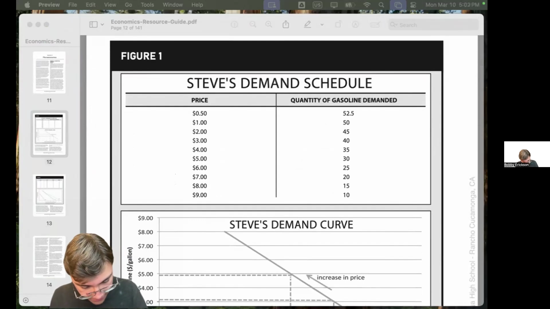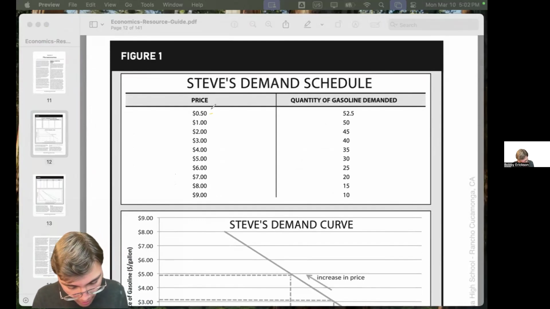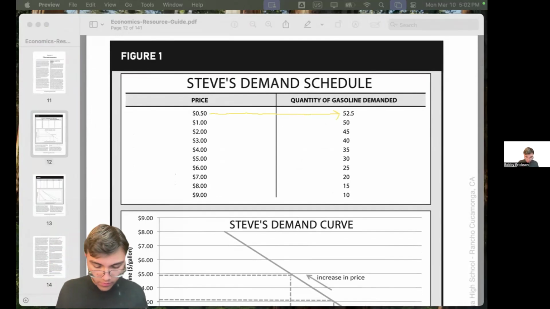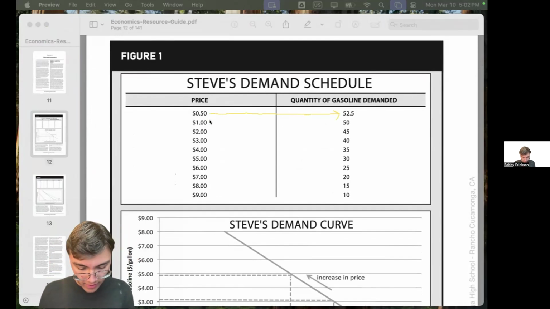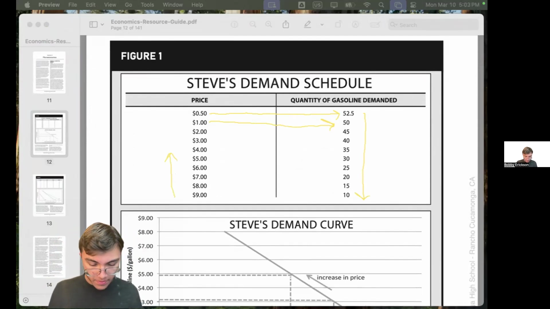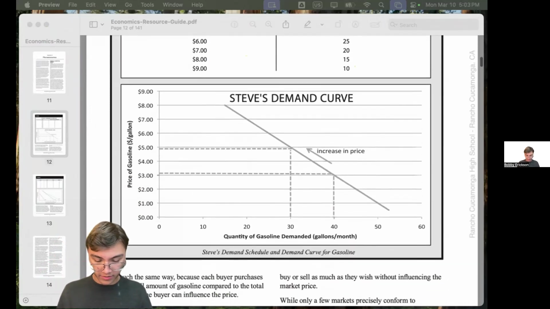At $1.50, we demand 52 gallons, and notice how it's going down as the price goes up. So demand will go down as the price goes up. It's a very key concept here in economics.